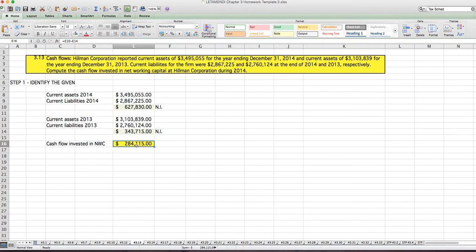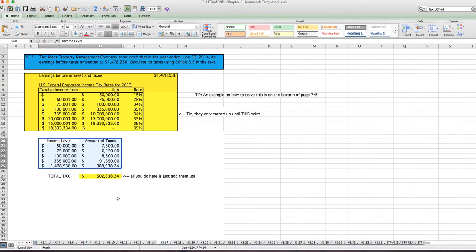So then the cash flow invested is the difference between the two. You take the 627,000 minus the 343,000 and you get your answer, which is $284,115. And that is the answer for question 3.13.